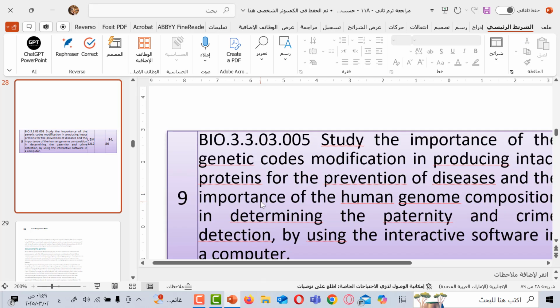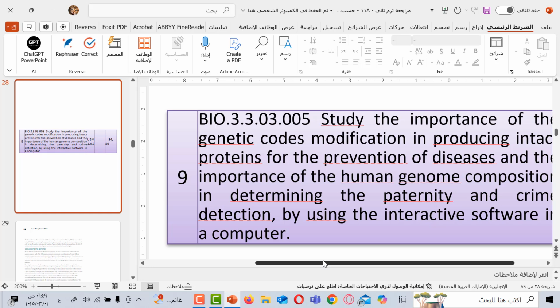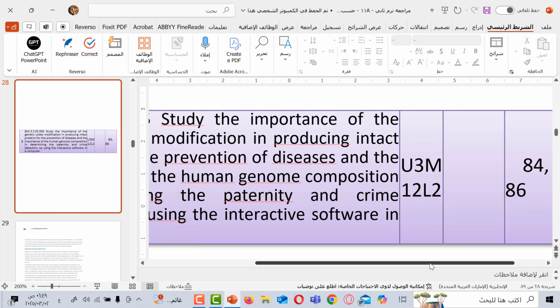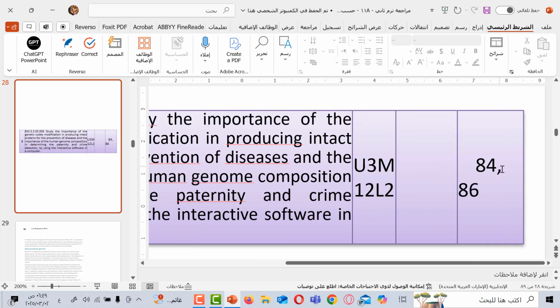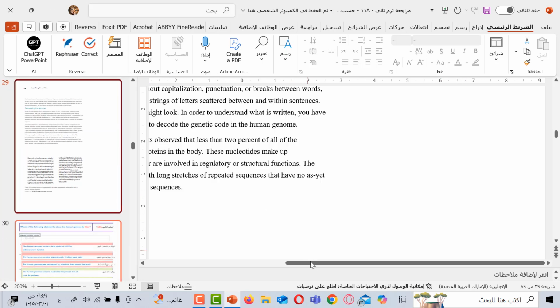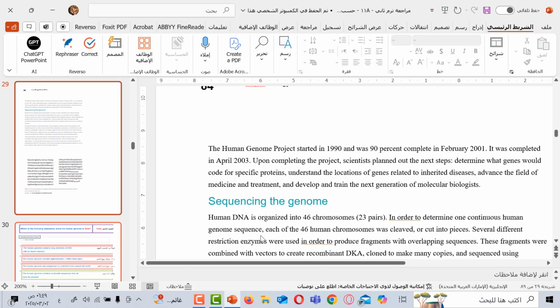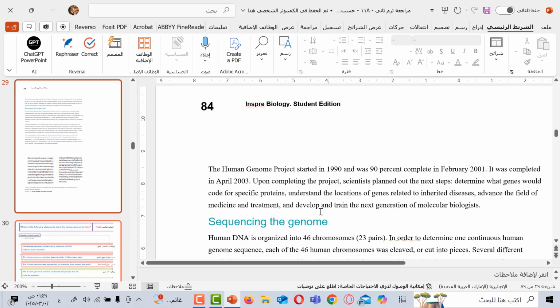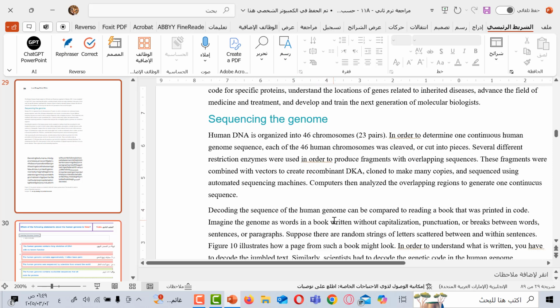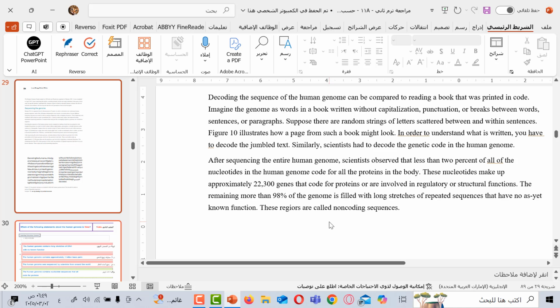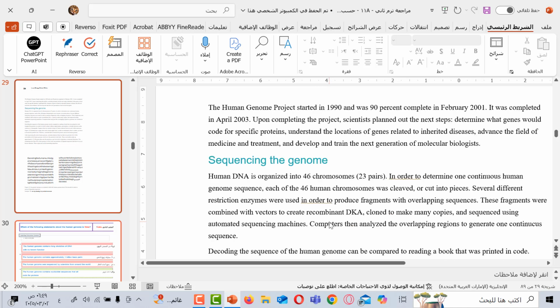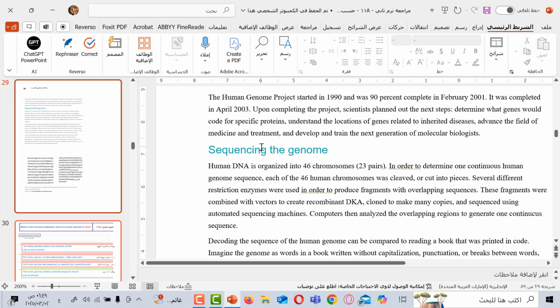This is question 9, about pages 84 and 86. This is page 84. It's about sequencing the genome, and you must study all this picture.